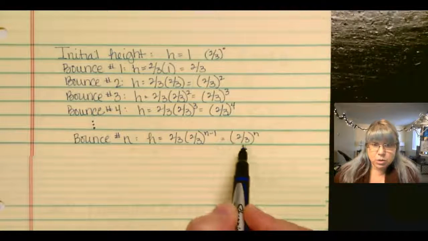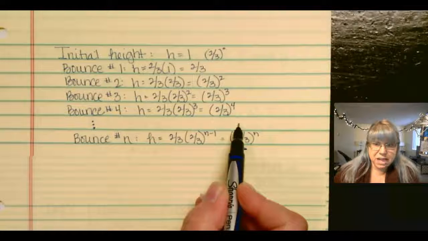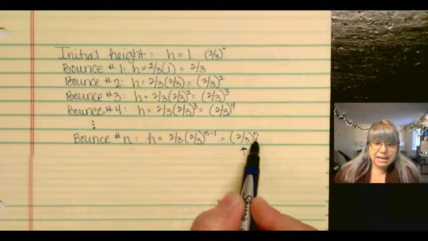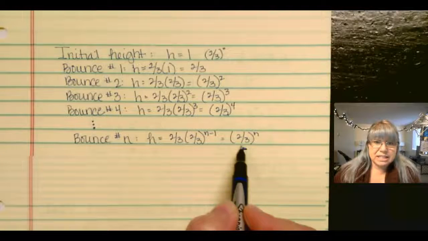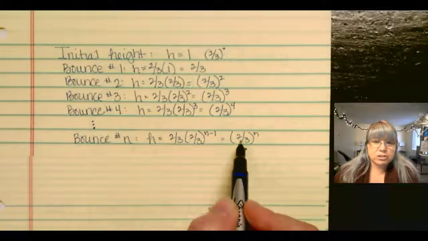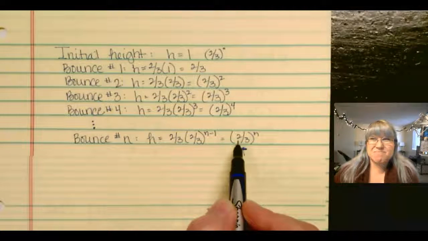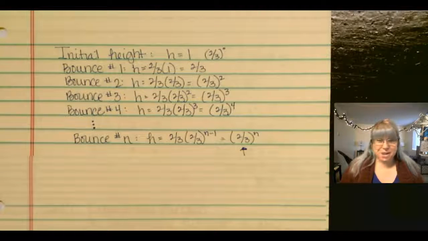In other words, 2/3 to the n, because n minus 1 was the previous height of the bounce. And as the number of bounces gets higher and higher, this fraction gets smaller and smaller until eventually the ball is not bouncing at all. We'll reach a point where there are only so many bounces because gravity takes over, and therefore the ball has to stop bouncing sometime.